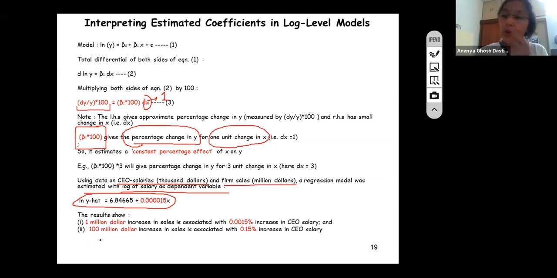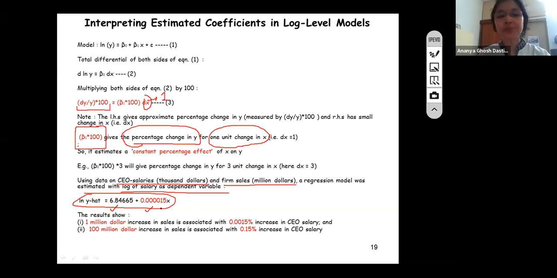I'm calling this log of y hat because that is what gets predicted. Log of y hat is equal to, let's say 6.84, that's the constant term, plus 0.000015x. X is sales. How will I interpret this coefficient?